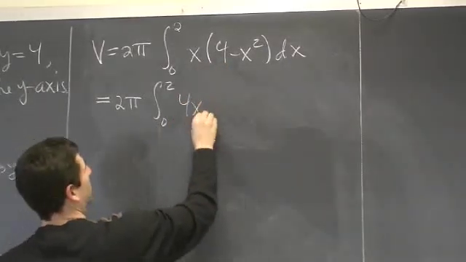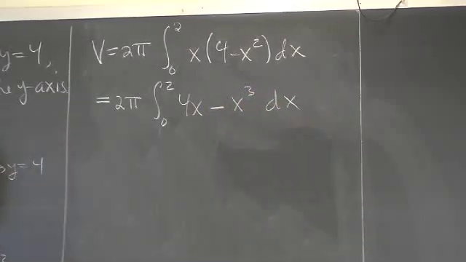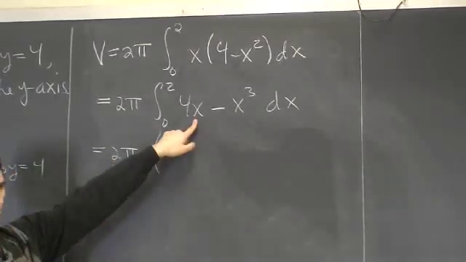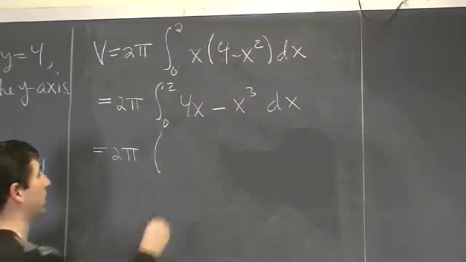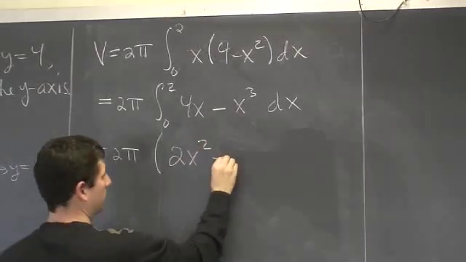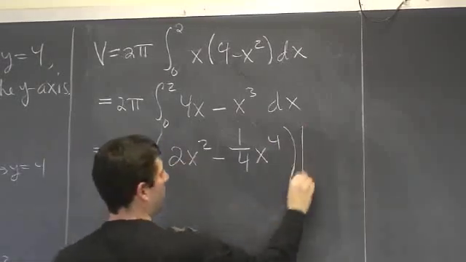This is 4x minus x cubed. The integral is 4x squared over 2 minus x to the fourth over 4, and then we have to evaluate at 0 and 2.